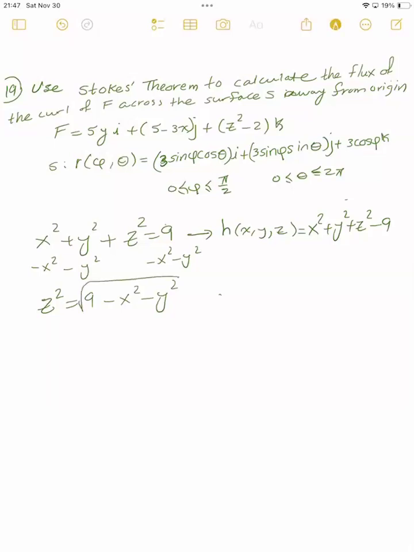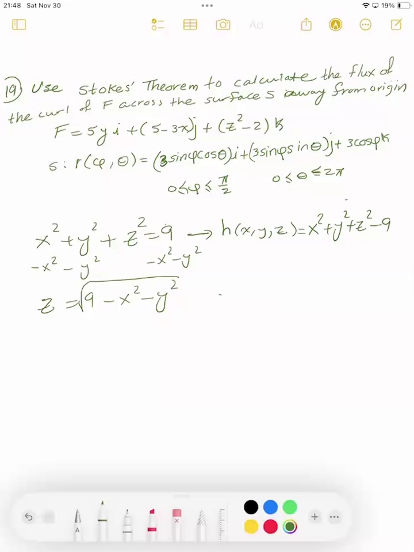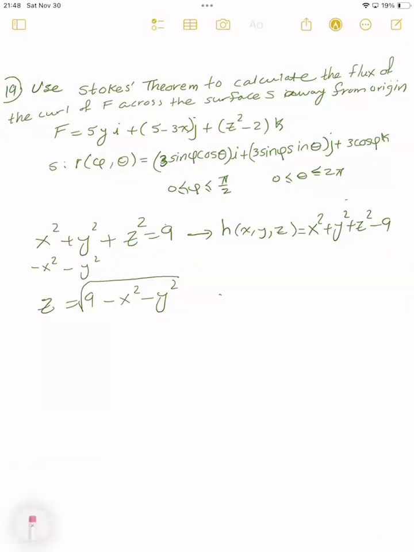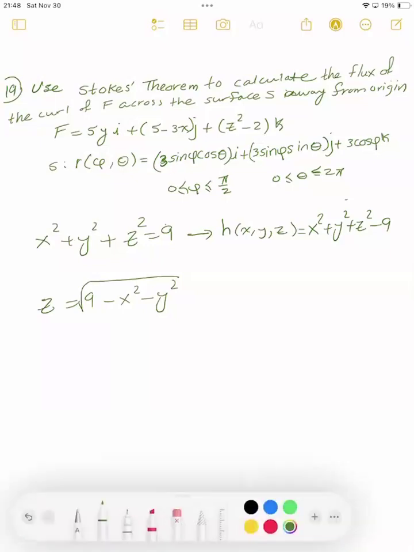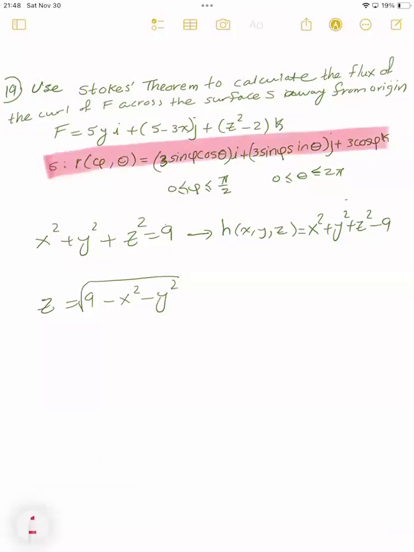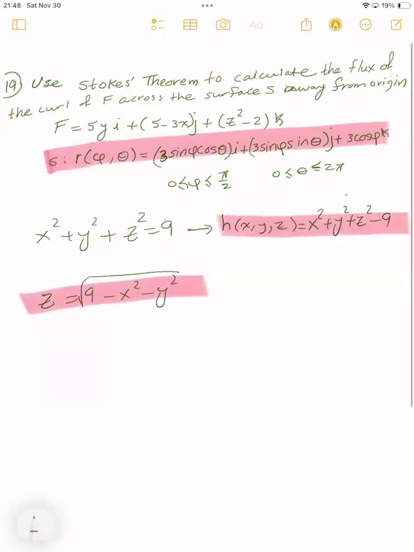Since we have the top hemisphere, then we have z equals the square root of 9 minus x squared minus y squared, which is an explicit form of the surface. So I have the parameterized form, I have the function form, and then I have the explicit form. So I'm going to use all of them.